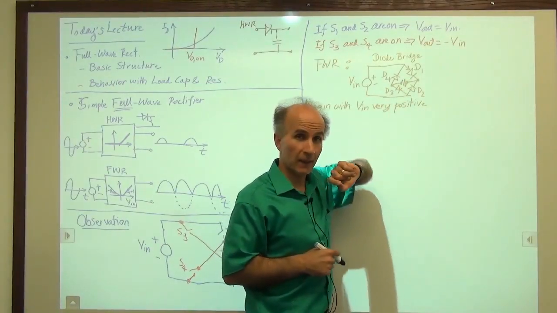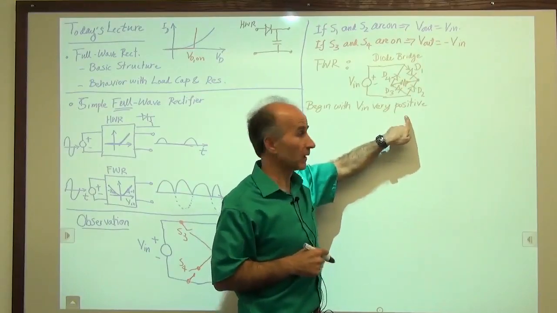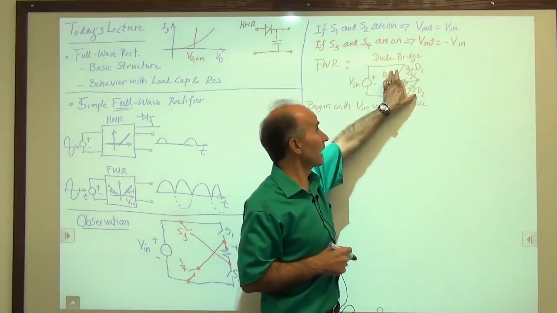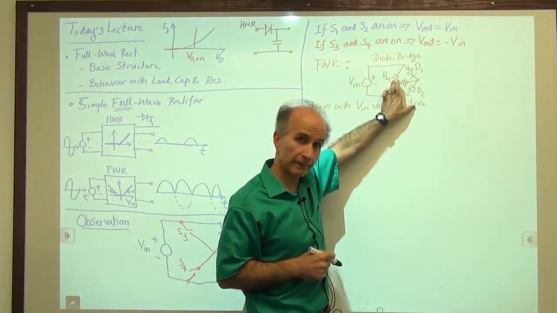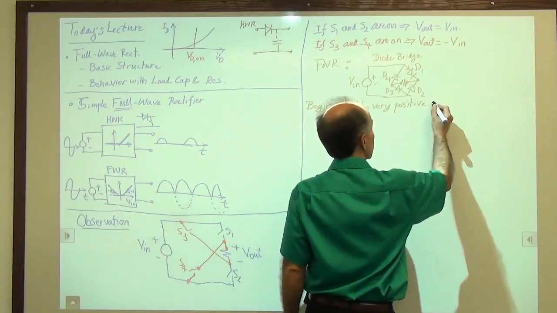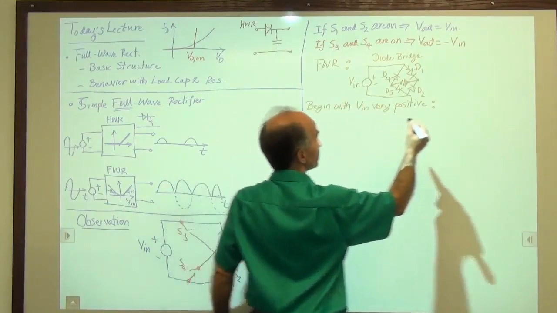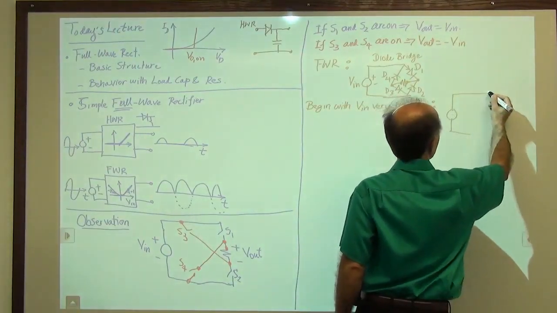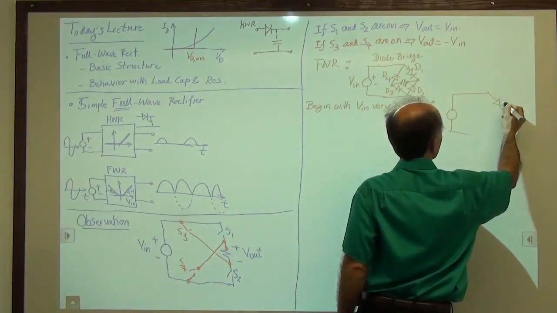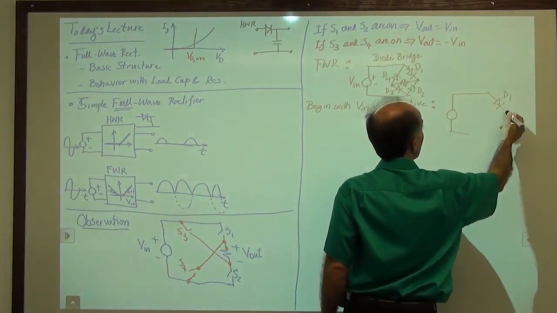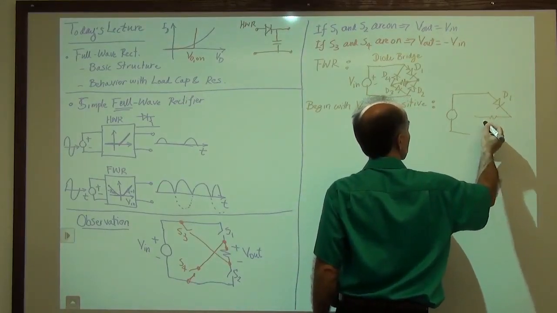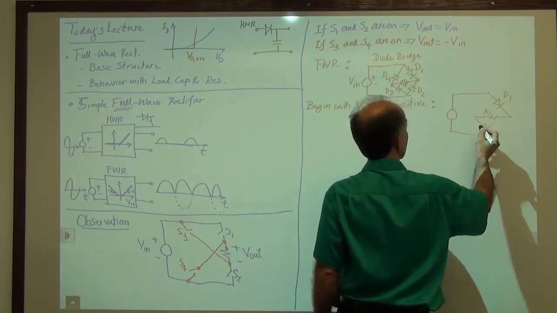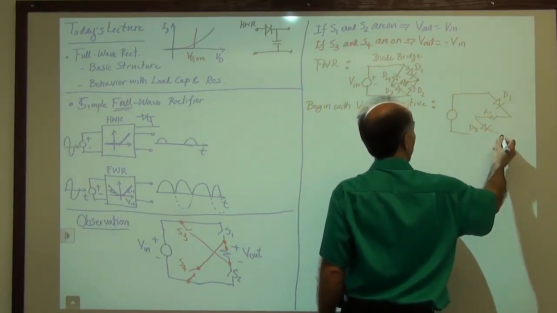So what we are thinking is that when Vin is very positive, D1 is on, and so is D2. And these other 2 diodes in the parallel branches are off. So the circuit reduces to something like this. We have our voltage source, then we have D1, which is on, then we have the load resistor, call it R1, then we have this diode, which we call D3, and then we go back to the voltage source.